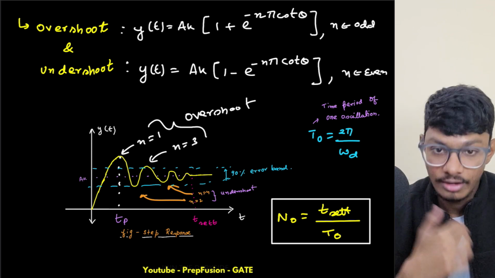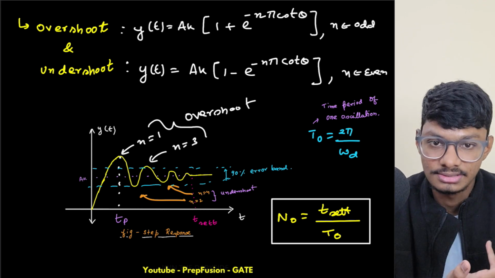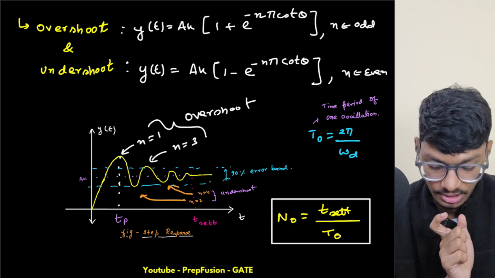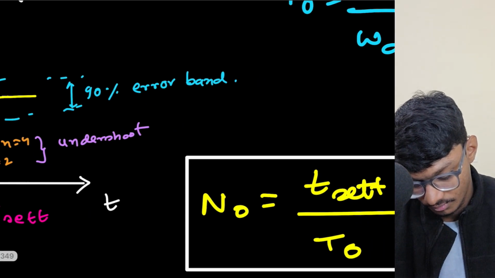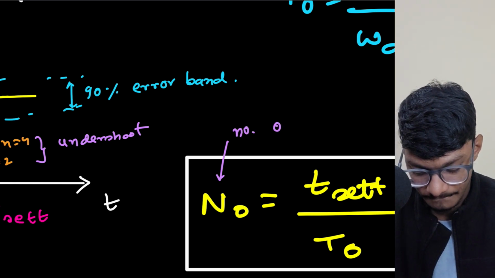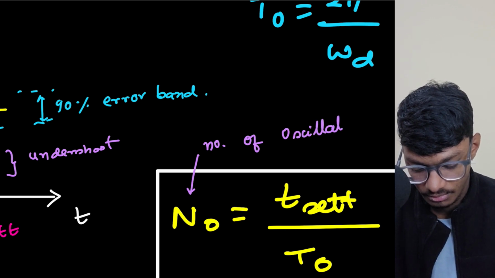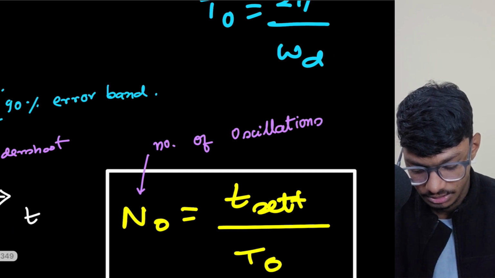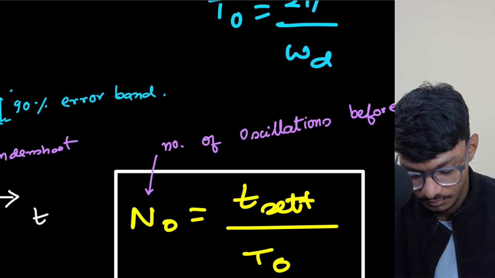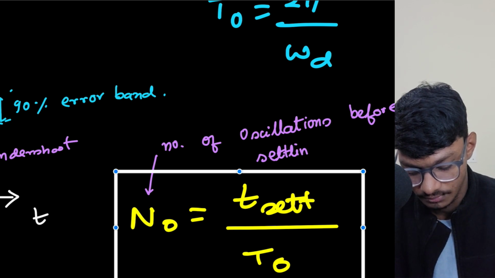Now if I want to find how many oscillations will occur before the output response settles, that will be equal to n naught, the number of oscillations before settling.